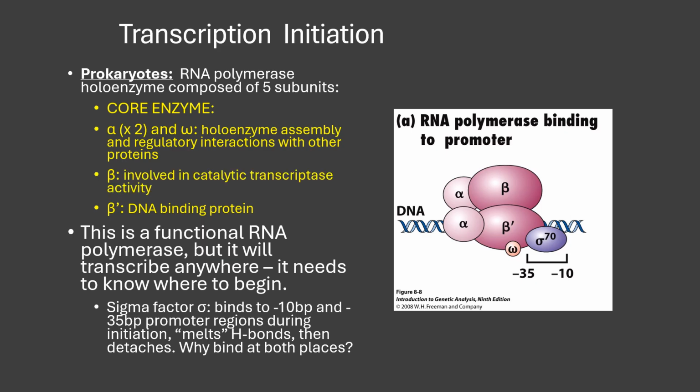These have different functions. The alpha and omega interact with other proteins. The beta is actually doing the transcription that's happening. The beta prime subunit is binding the DNA and holding the RNA polymerase along the DNA molecule.